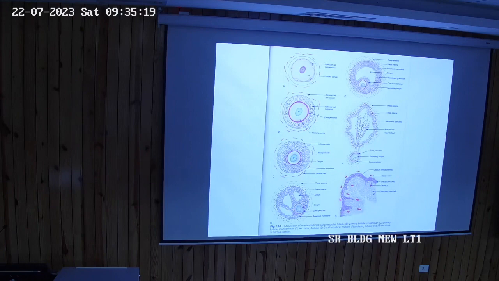Such follicles which are not mature and degenerate are called atretic follicles. Atretic, A-T-R-E-T-I-C, atretic follicles. The follicles which do not develop and degenerate, these degenerated follicles are called atretic follicles. Not attract, atretic.